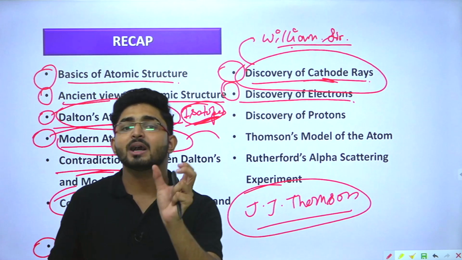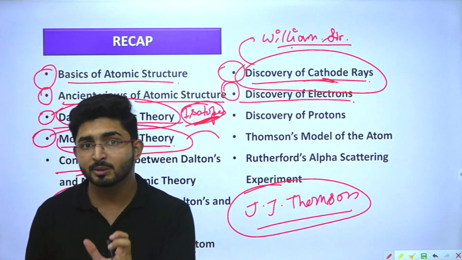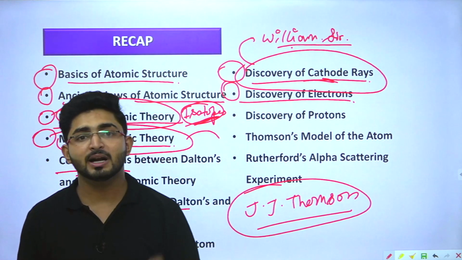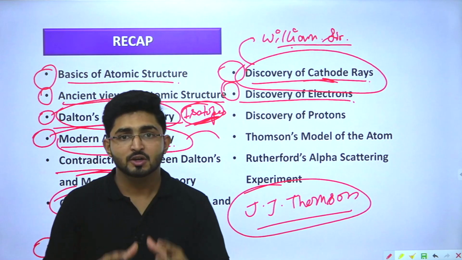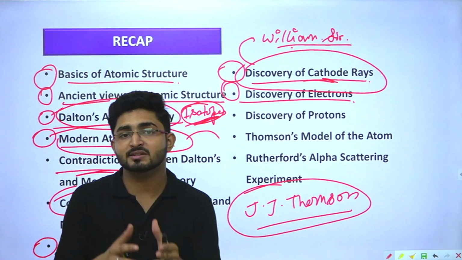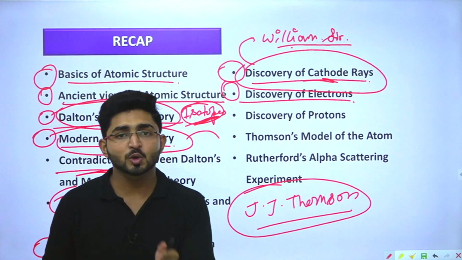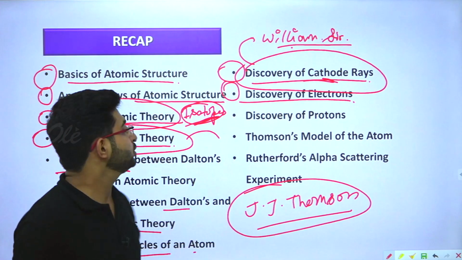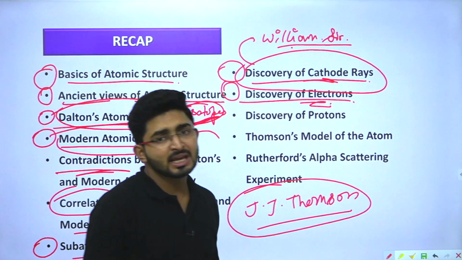And whenever any particle is deflecting towards positive terminal, it states that those particles consist of negative charge. So that's why he stated that cathode rays consist of negative charge, and those negative particles were called to be electrons by Sir J.J. Thomson.